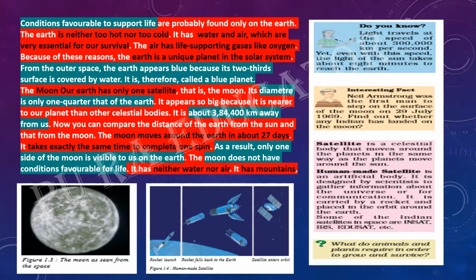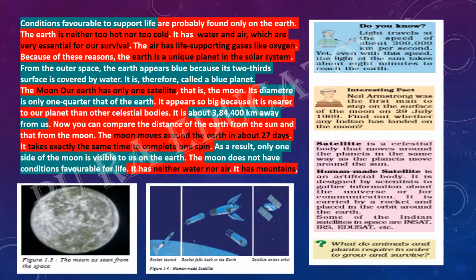Now we'll discuss the Moon. Our Moon is a satellite. Its diameter is only one-fourth that of Earth. It is about 3,84,400 kilometers away from the Earth.